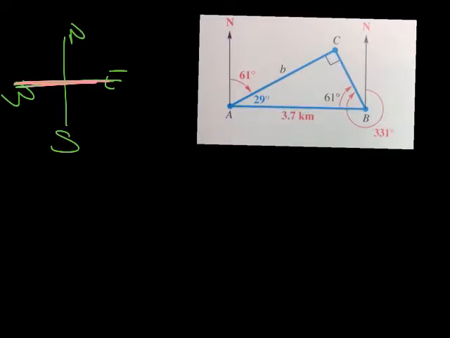And let's see, station A detects a plane at C. So A detects a plane up here at point C, and the bearing on that is 61 degrees. So again, we're talking about an angle measured from the north, 61 degrees. And we draw a line.